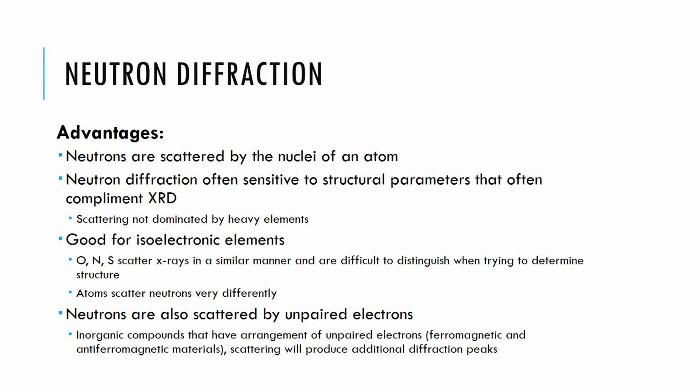So neutron diffraction is often very sensitive to structural parameters that complement X-ray diffraction, i.e. neutron scattering is not dominated by heavy elements. So it's very good for the lighter elements such as oxygen, nitrogen and sulfur. And neutrons are also scattered by unpaired electrons, so you can also gain information about the magnetic properties of a material.